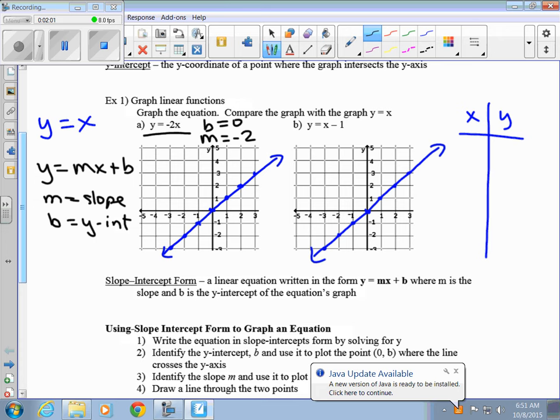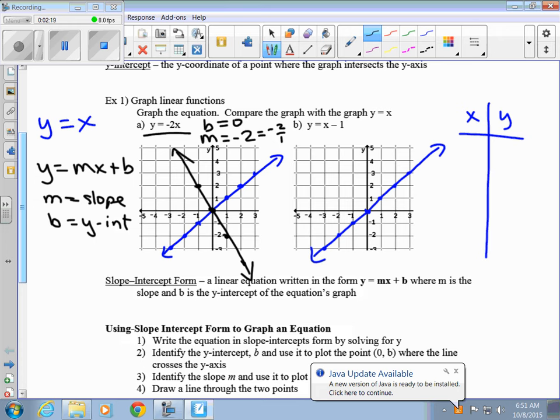So we're going to graph that. The y-intercept is at 0, it's right there. Slope is -2, and we can write that as a fraction, -2 over 1, which means we go down 2 over 1, down 2 over 1. We could also go up the other way. So there's the equation of our line.